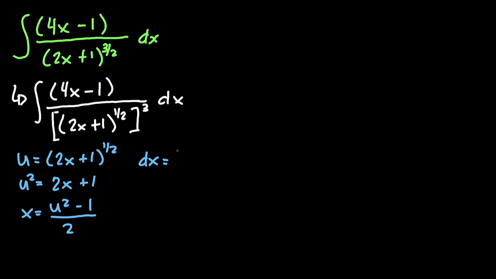Copy the lower portion first, which is 2, and multiply this by the derivative of the upper portion, which is u squared minus 1. The derivative of u squared is 2u, and the derivative of 1 is 0, so no need to put it.